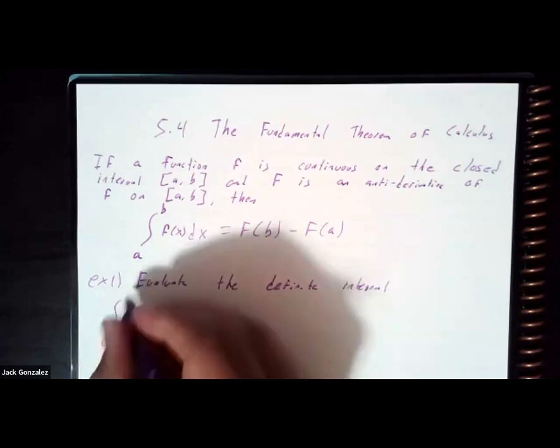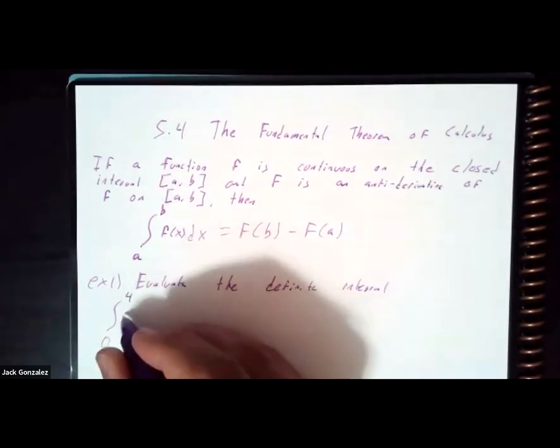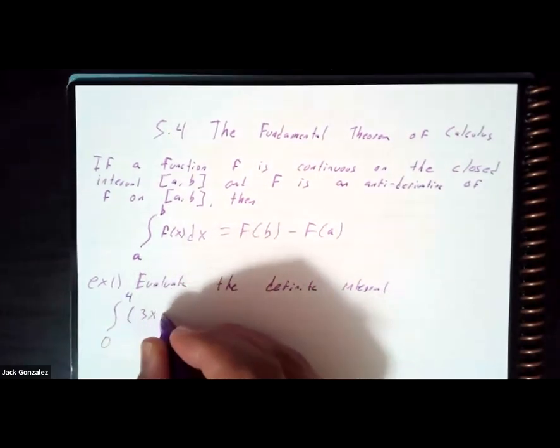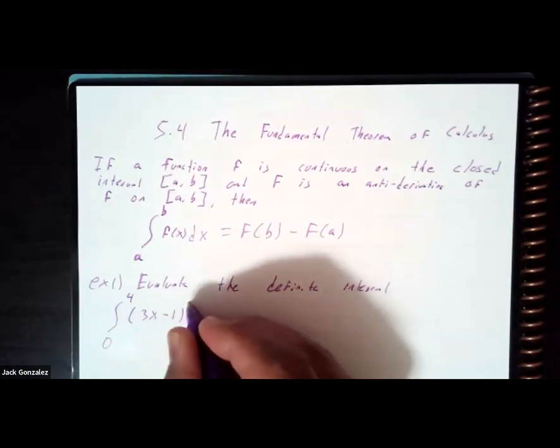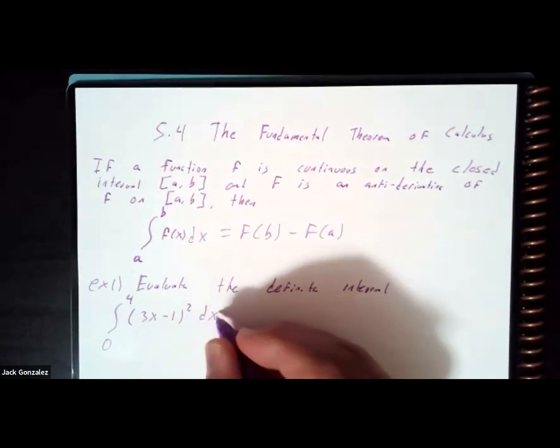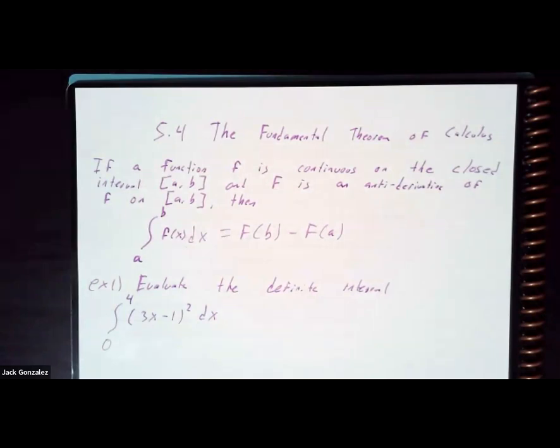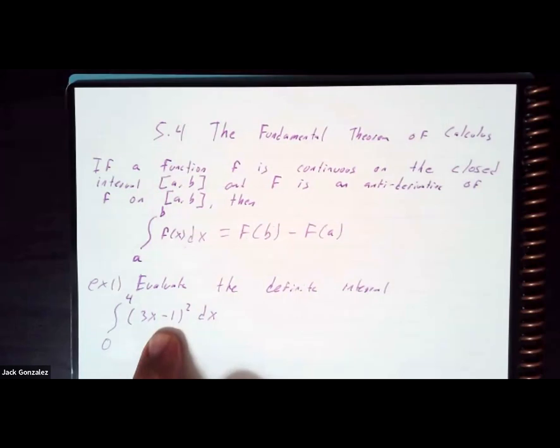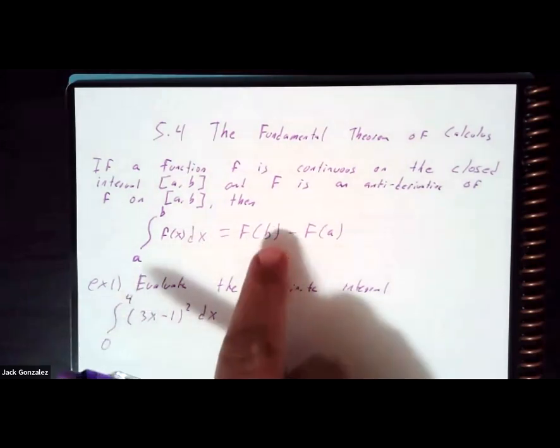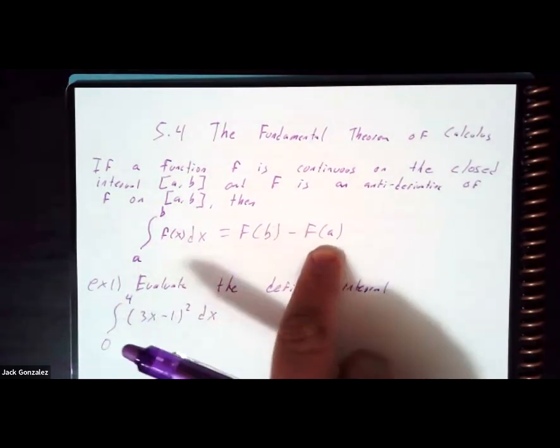The integral from 0 to 4 of (3x minus 1) squared dx. So we have to find the antiderivative of this first and then plug in 4 minus plugging in 0.